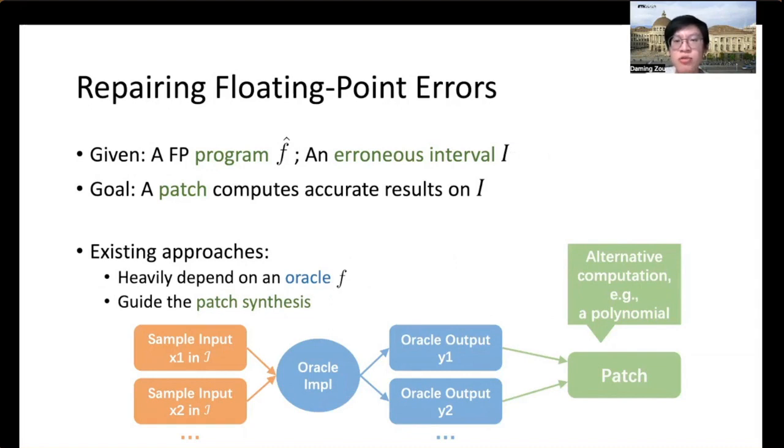For the sample inputs with interest, they calculate the Oracle output on each of them and use such result to construct the patch. A patch is usually an alternative computation of the original program, for example, a polynomial or a mathematical equivalent. However, implementing an oracle is generally very challenging, which we will discuss next.